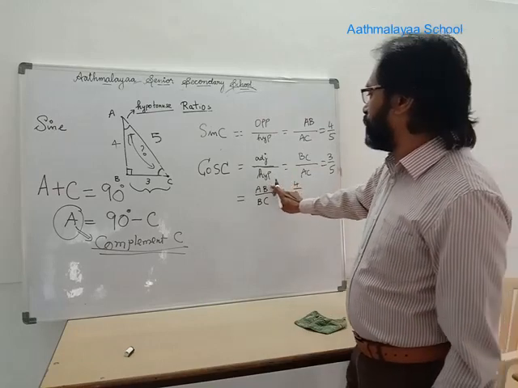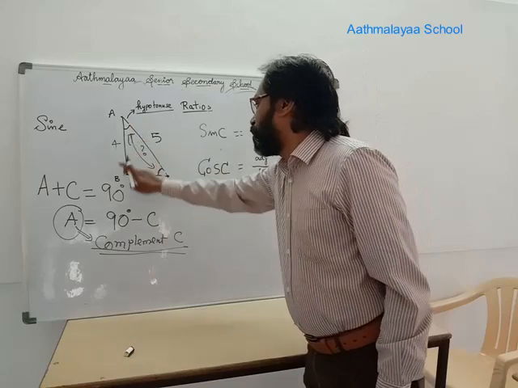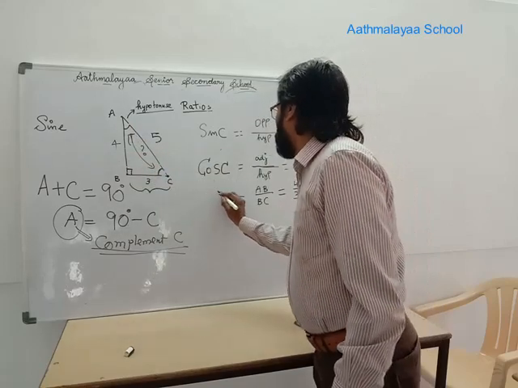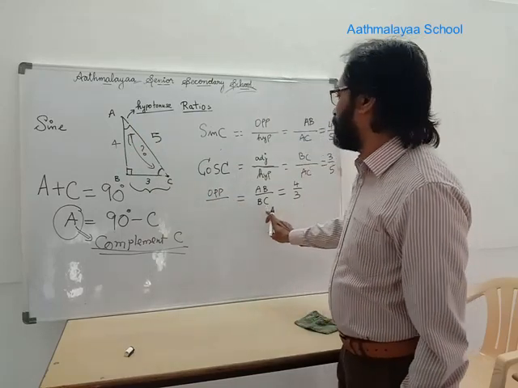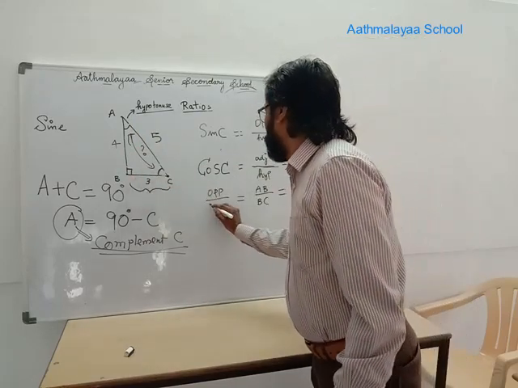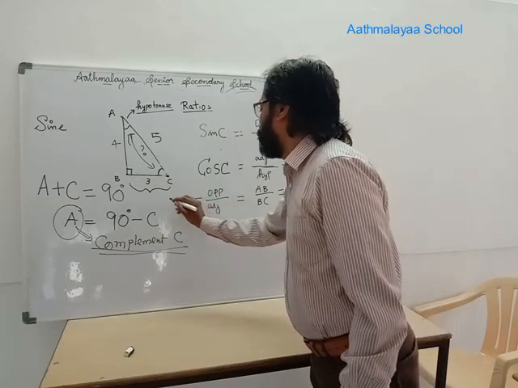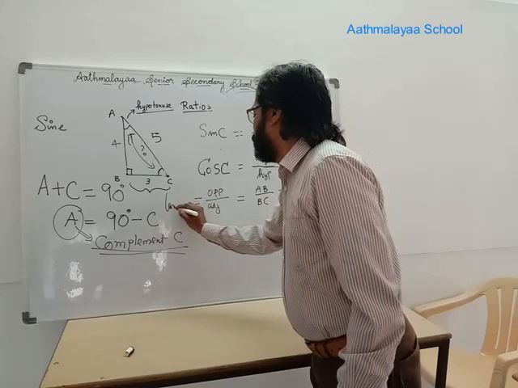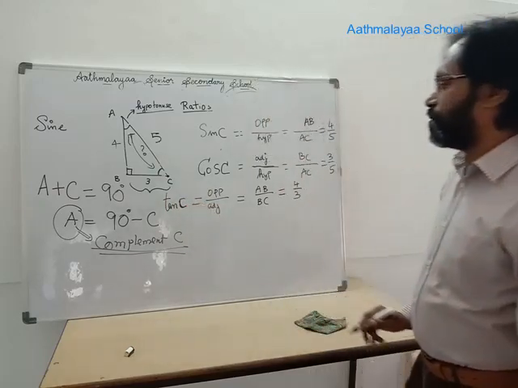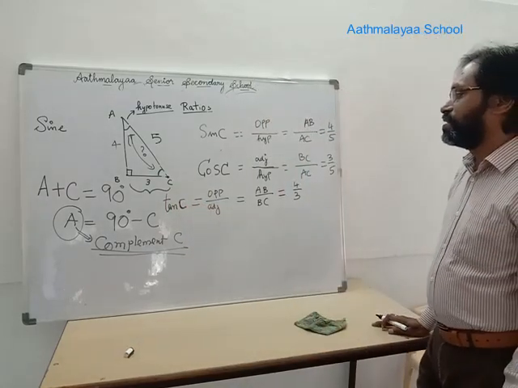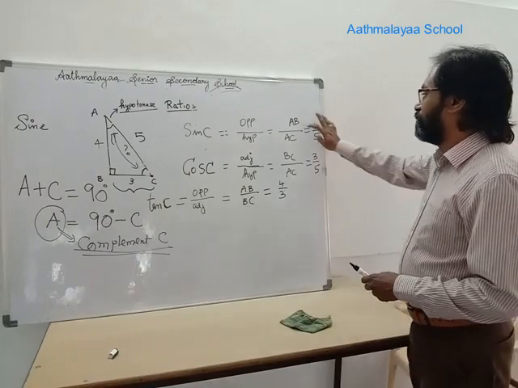With reference to angle C, AB is opposite and BC is adjacent. So it is opposite by adjacent, and for this we give a special name, which is tangent. Tan C is opposite by adjacent.